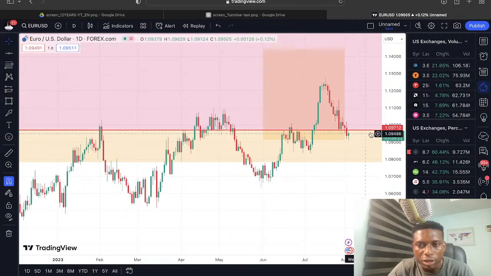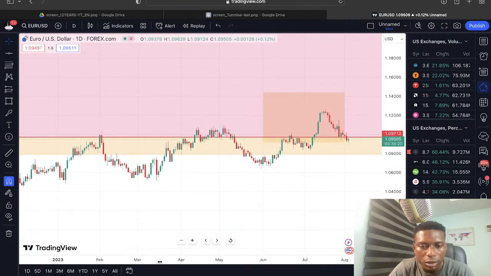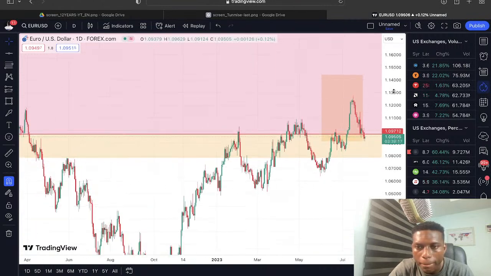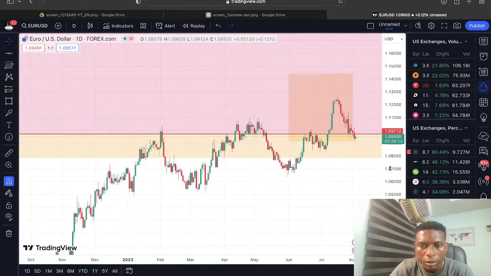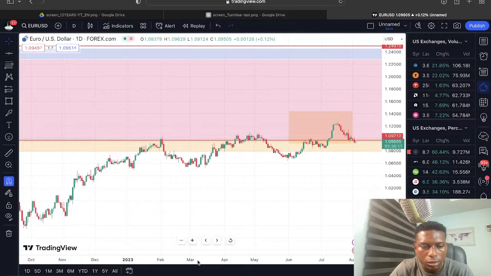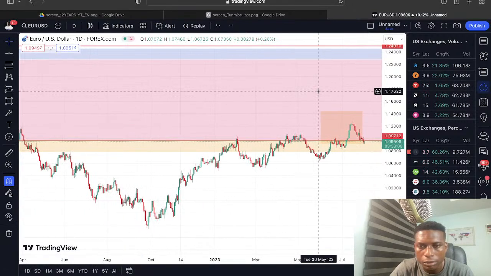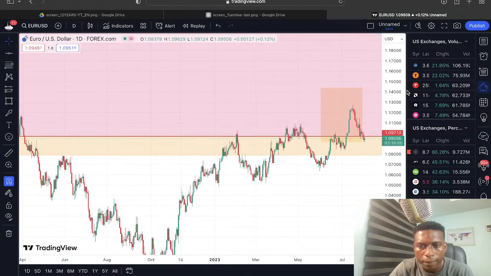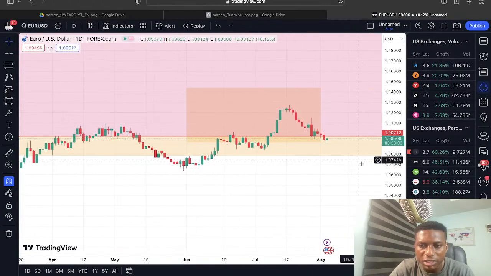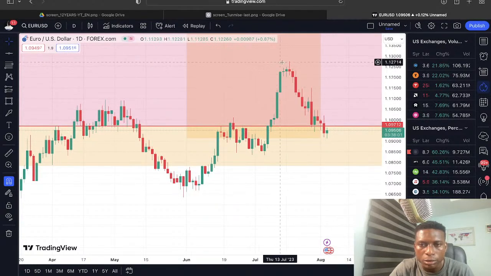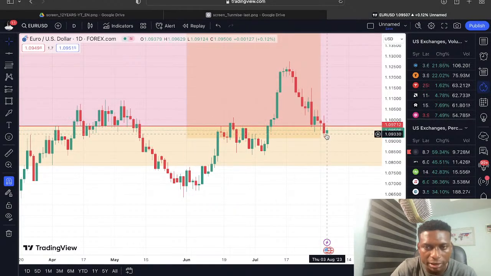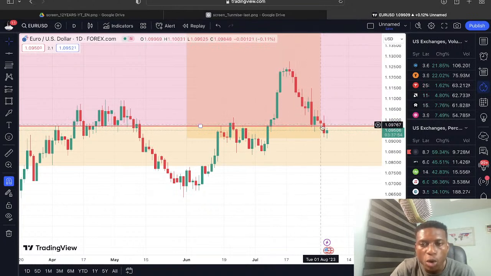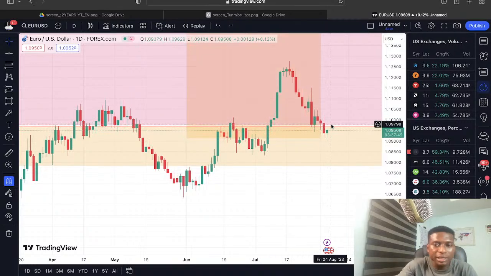All right, and we can see from our chart here that the candlestick that closed as at yesterday's market close closed below the breakout level, closed outside the breakout level.